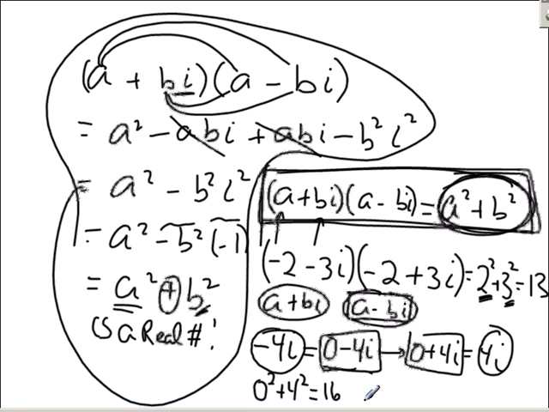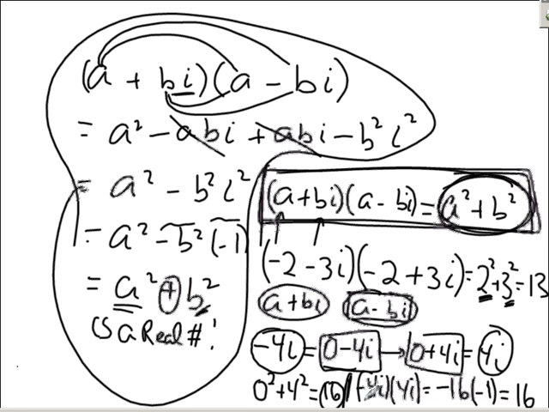On the other hand, if you did negative 4i times positive 4i, well, negative 4 times positive 4 is negative 16, and i times i, which is i squared, is negative 1, well, that too gives us the same 16 as a moment ago. So if you have a pure imaginary number, you can still write the complex conjugate.